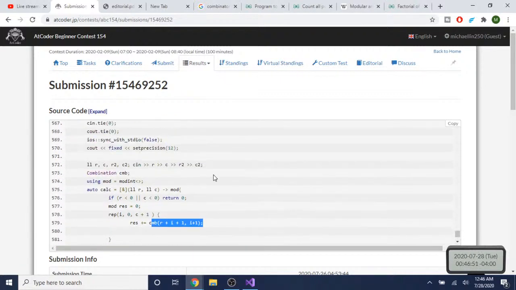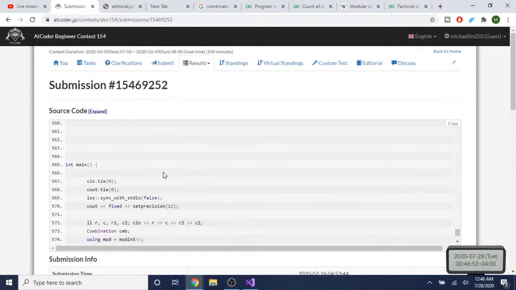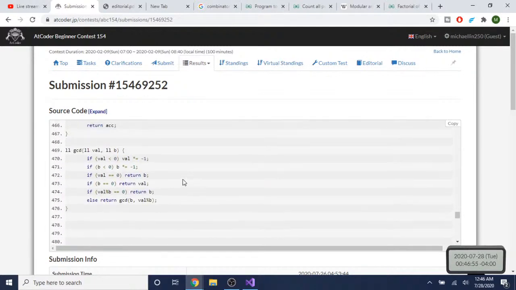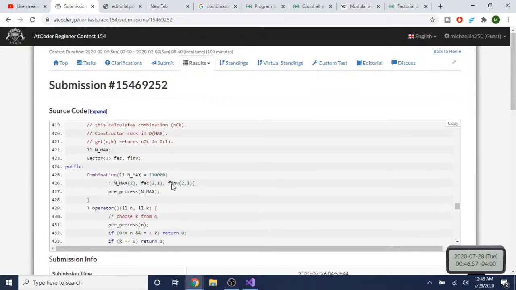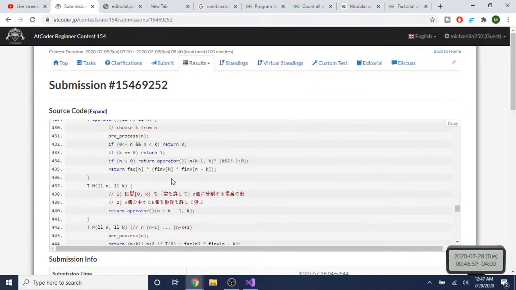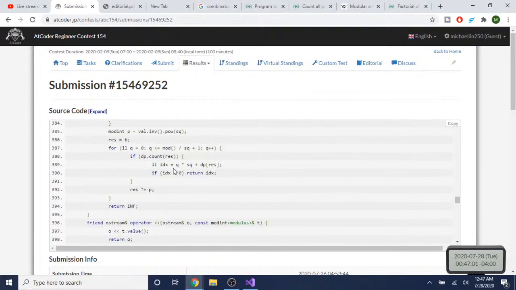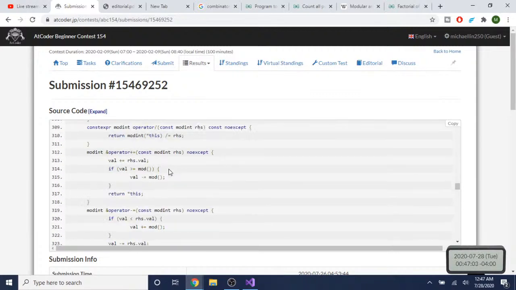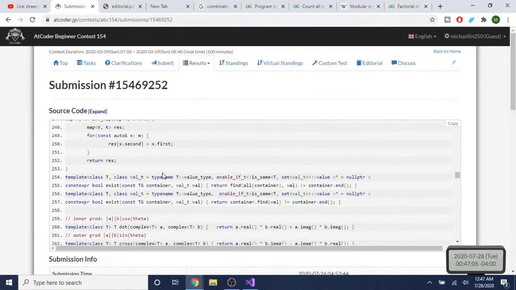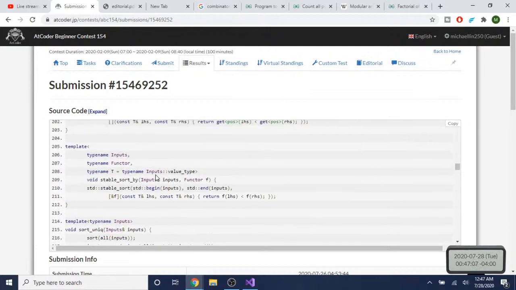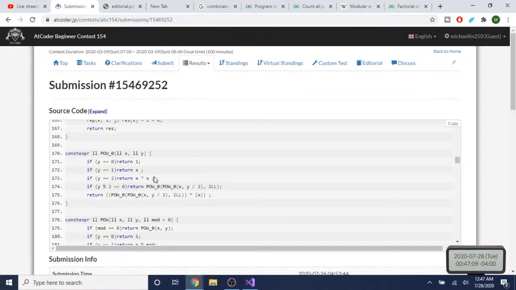But how do you calculate this though? CMB. Why is some of this in Japanese? These guys already have presets defined.